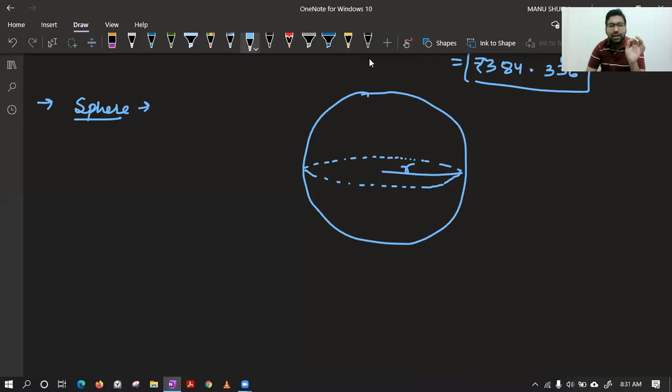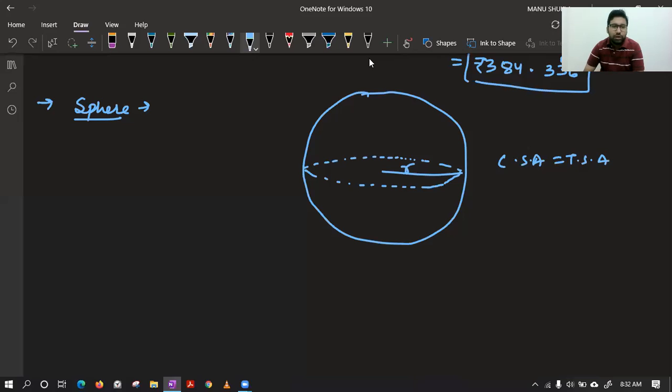So in the case of a complete sphere, the curved surface area is the same as the total surface area. You are saying the example is like an egg. An egg is a little bit close, but earth is better. But earth is also not a complete sphere. Now we have to understand here CSA is equal to TSA.